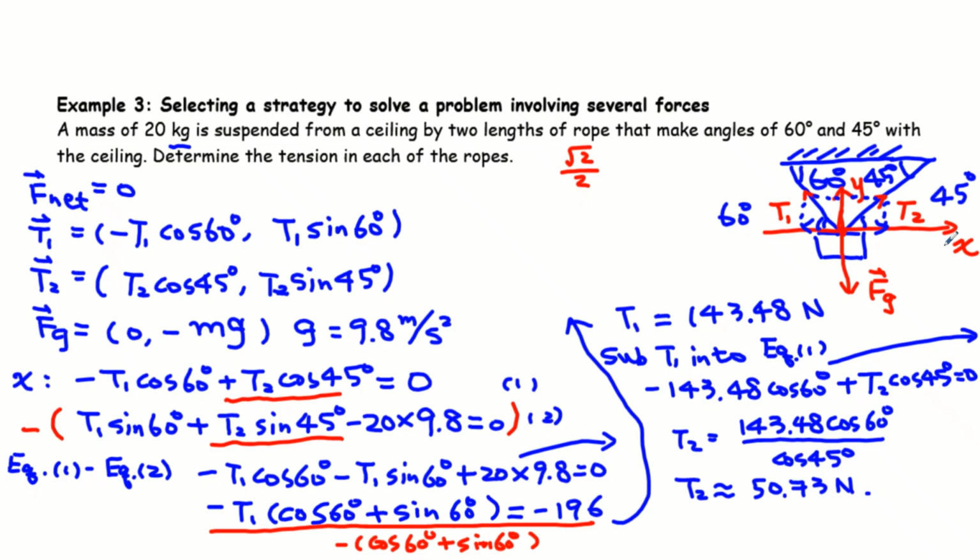Okay, so in this question you will see you have more than two vector forces. Then we just use x component balanced and y component balanced. Then we have two unknowns, so we have a linear system, and we could use the elimination or substitution method. Elimination is when the number in front of one variable is the same or opposite. If same, we subtract. If opposite, one positive, one negative, we add those two.